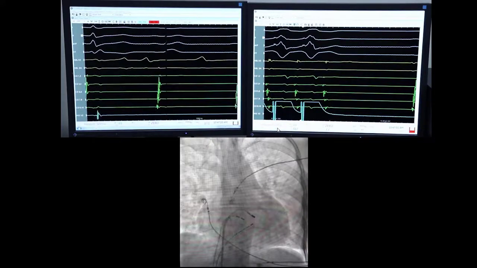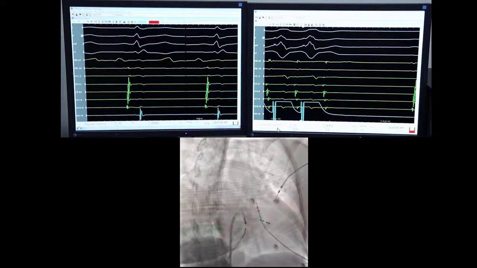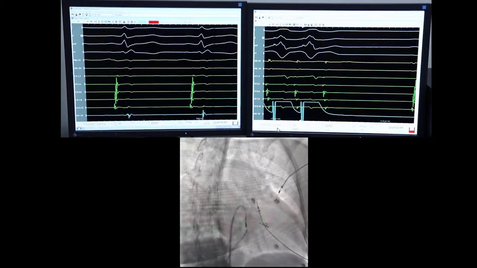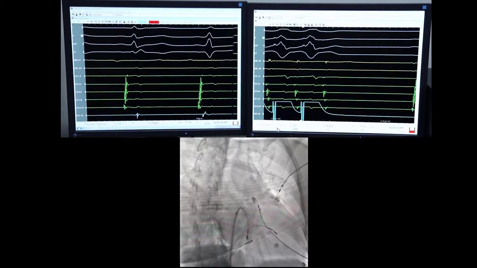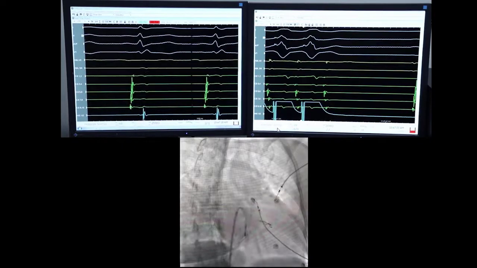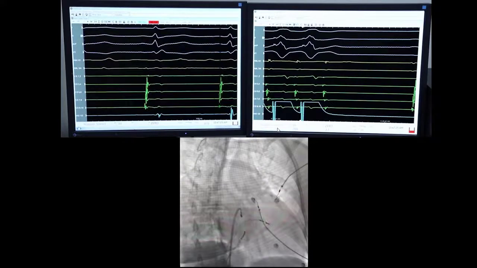We can see now the sinus rhythm. Here the RAO view to get the AV signal on the ablation catheter. This is the best view to engage the catheter with the annulus, then start mapping in the left anterior oblique view.